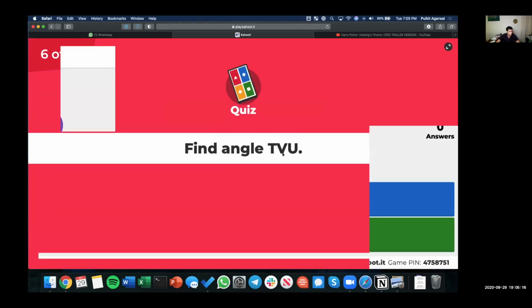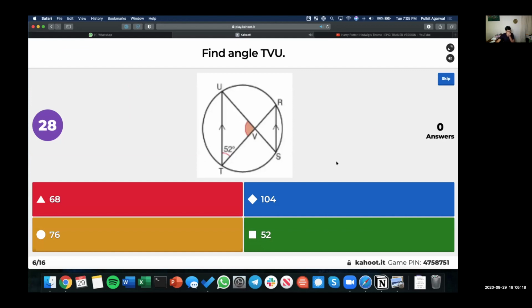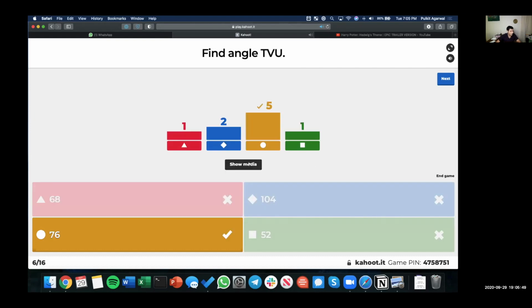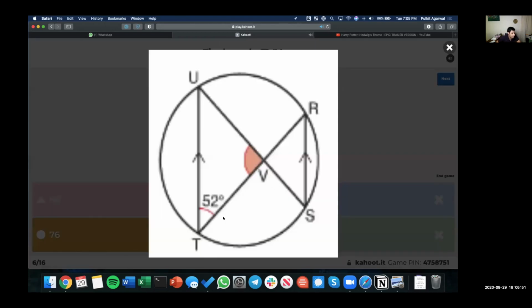Nice, well done, well done. This one was a tricky one. So if you take these 2 points, you will notice that this triangle and this triangle are the same. So this is also 52. You will also notice that this line and this line are parallel, right?